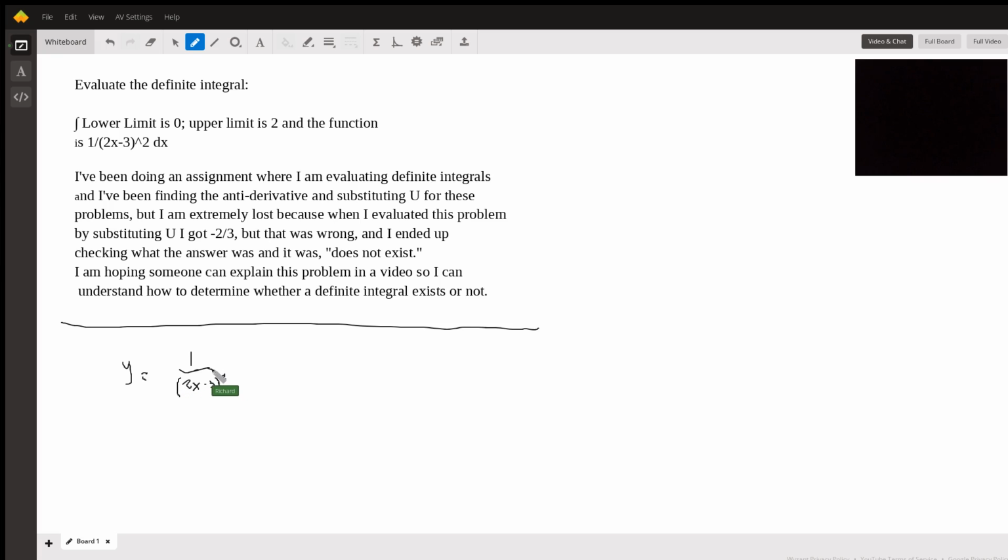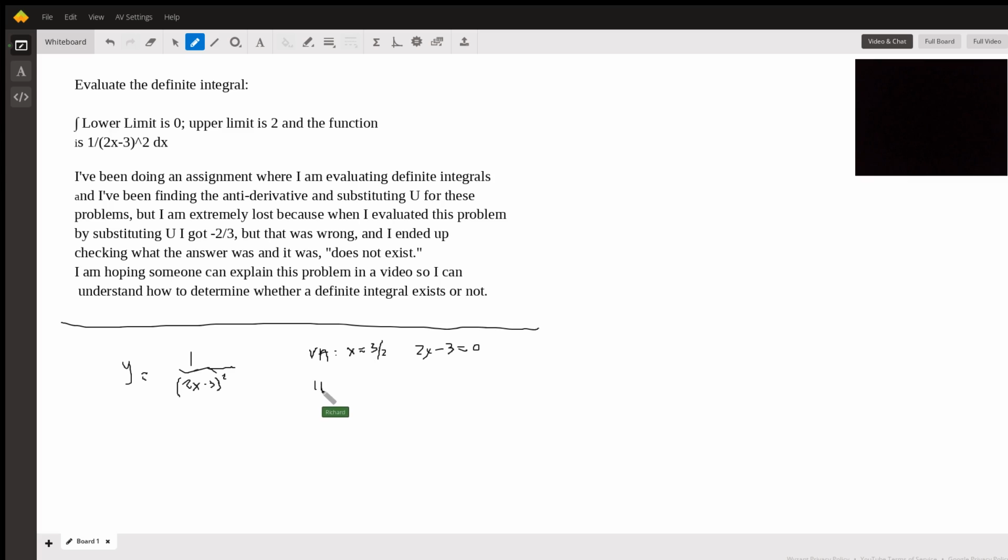So we can see right away that there's a vertical asymptote. You just set 2x minus 3 to 0, and so you get 3 halves. There's a vertical asymptote at 3 halves, because 1 over 0 is undefined, so x is not allowed to be equal to 3 halves.